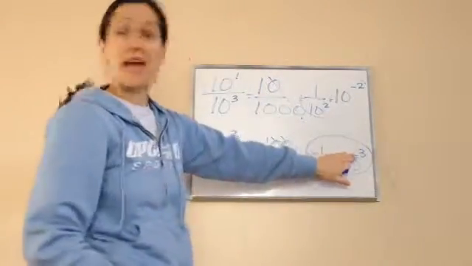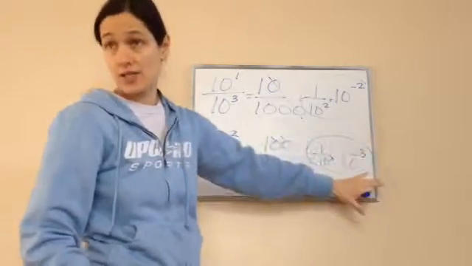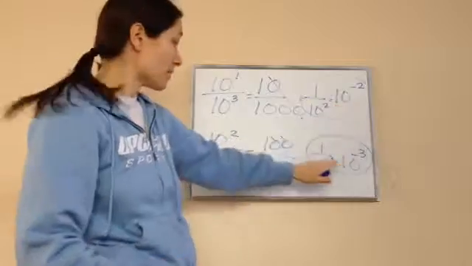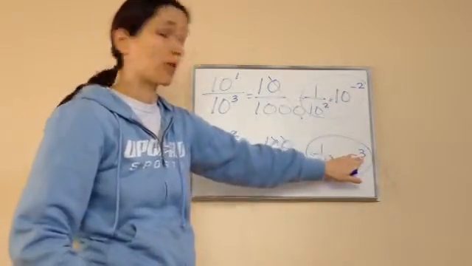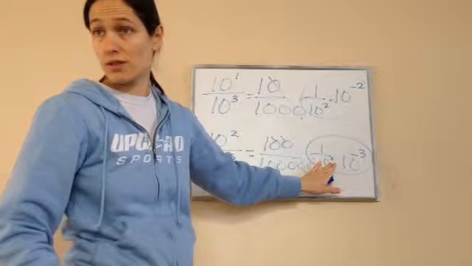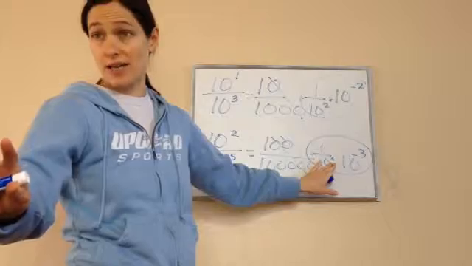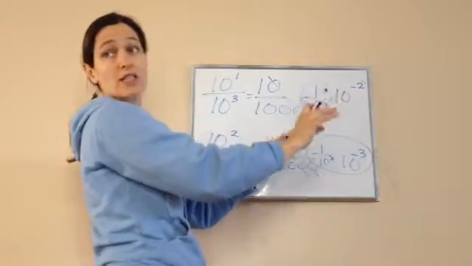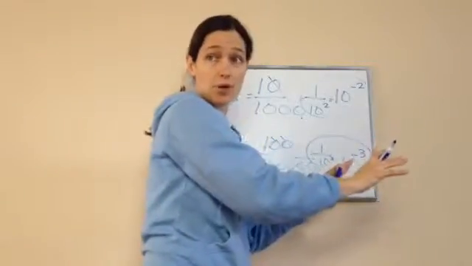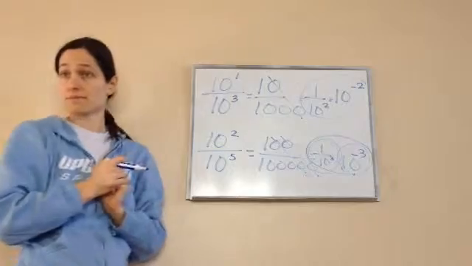When you see a negative exponent, you're going to flip. Instead of it being a 10, you're going to make it 1 over 10, and whatever the exponent is, you're going to put it there. Okay? So that's the trick we're learning today. It makes sense when you do it on paper, but you're going to need to not have to do it all on paper. You're just going to need to know that this is the same thing as this. Can we do another one and let me try it?